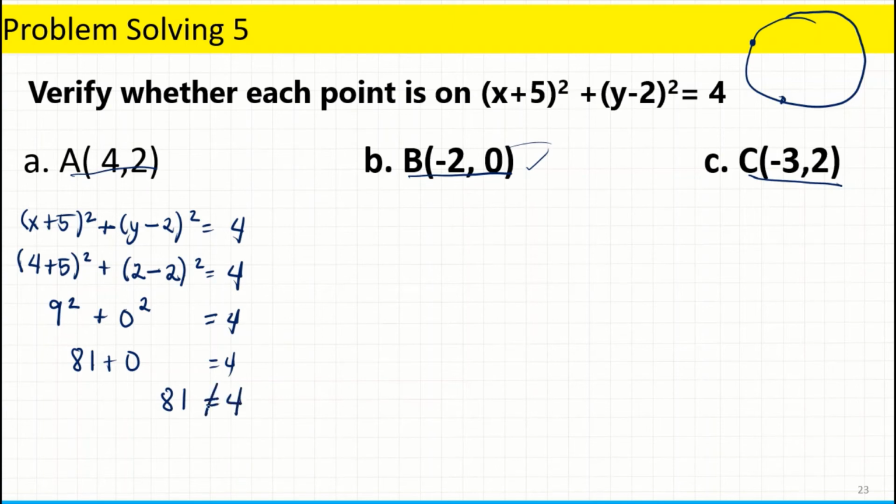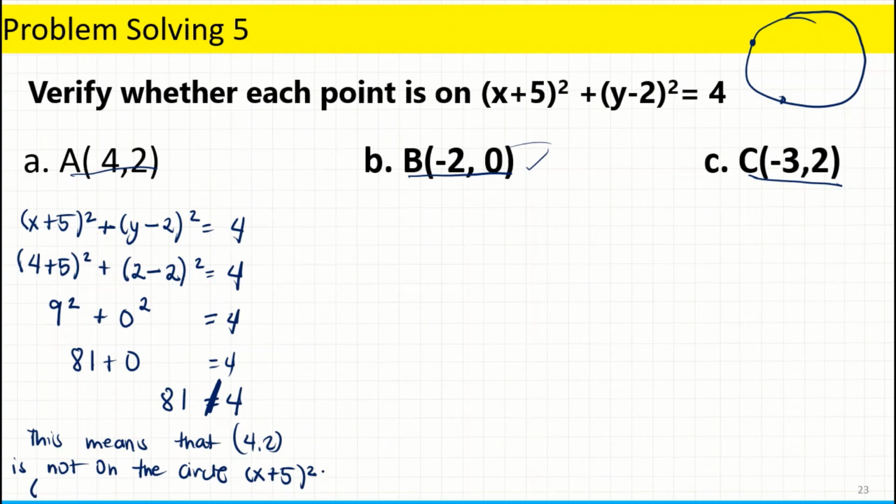Okay, so since they are not equal, ibig sabihin, this means that (4, 2) is not on the circle (x plus 5) squared plus (y minus 2) squared equals 4.